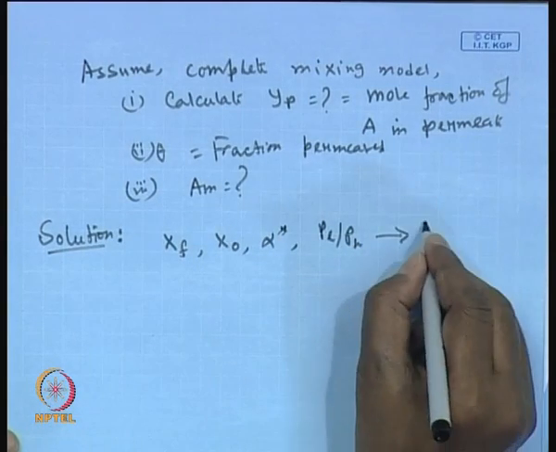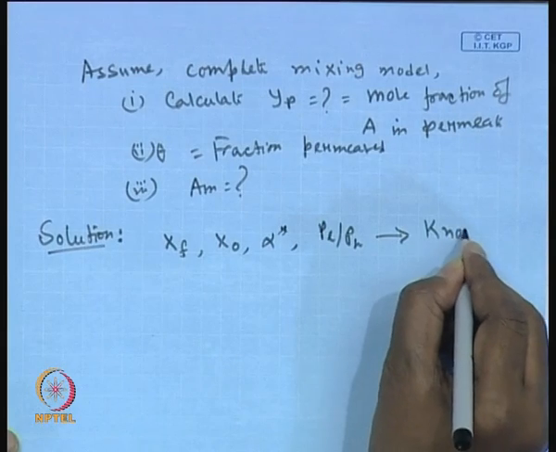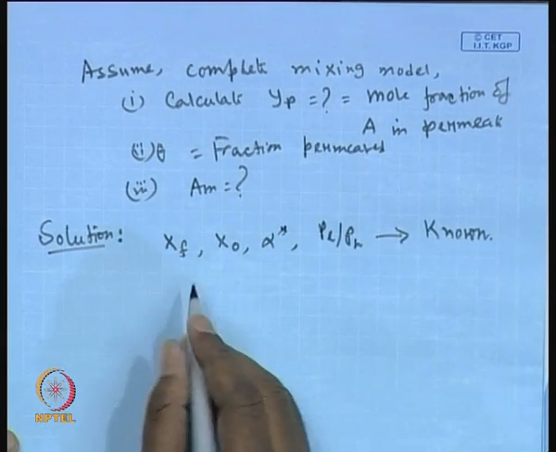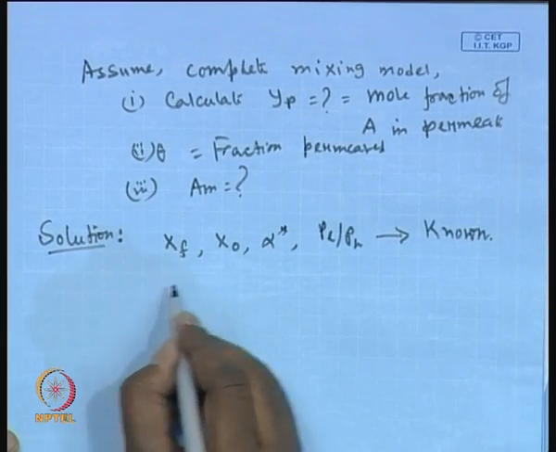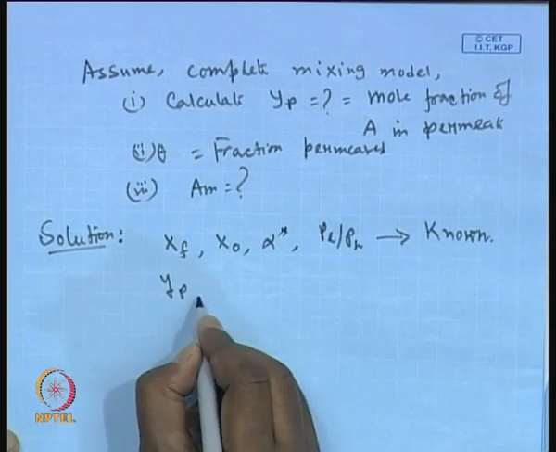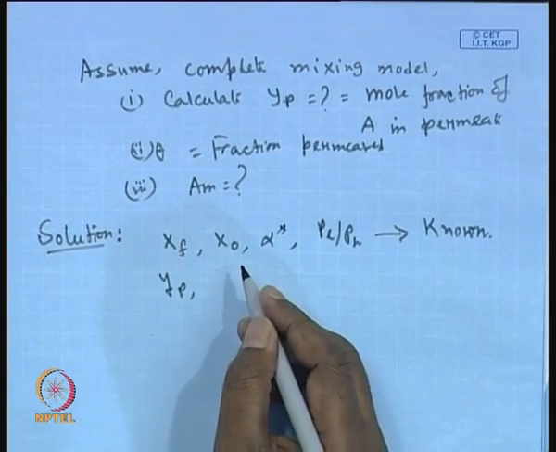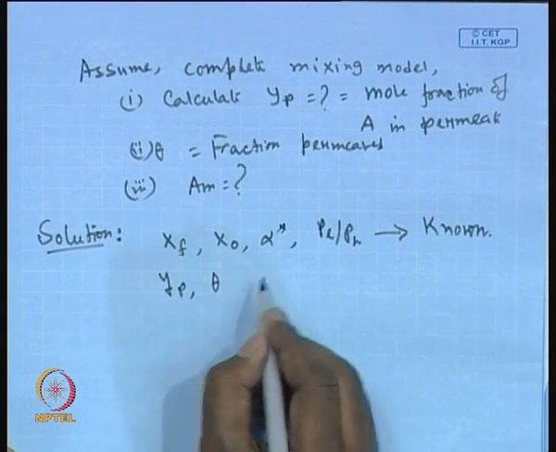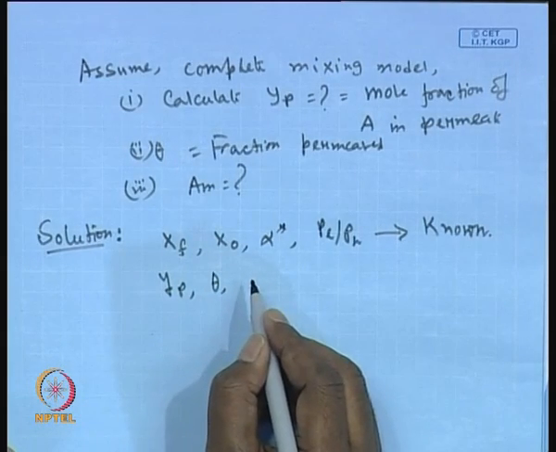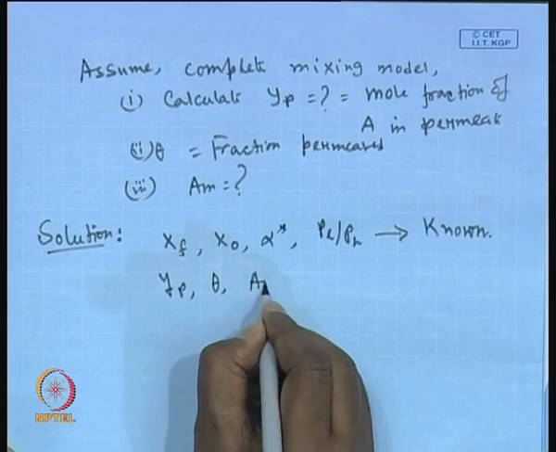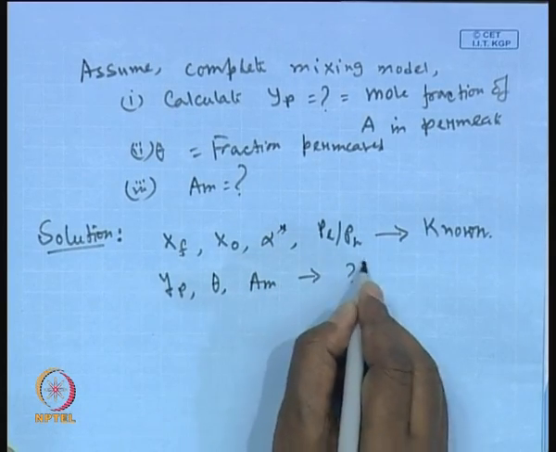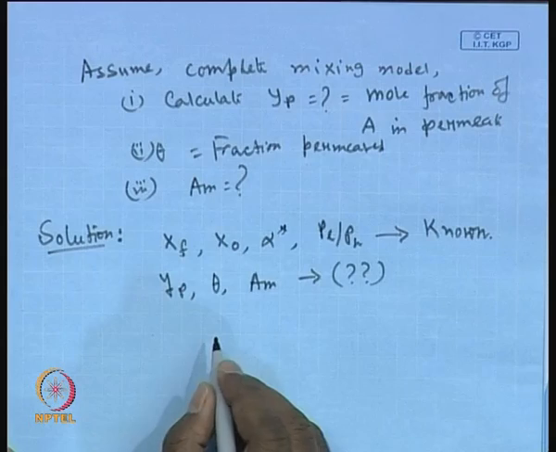So, all these 4 parameters are known. And what we have to determine? We have to determine Yp, the composition in the permeate, theta, the cut ratio of the feed that is going into the permeate, and the membrane area that is required. That we are going to find out from this solution.